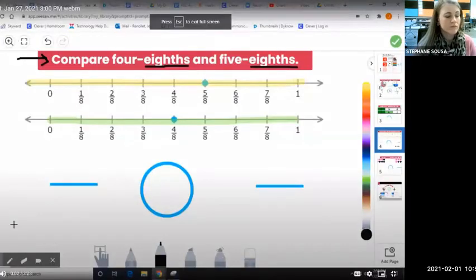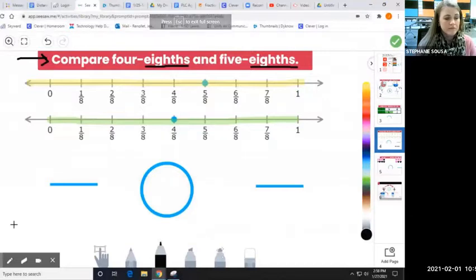Another way that we can compare fractions with the same denominator is by using the number line model to represent our work. The top model is highlighted in yellow. The yellow number line is representing 5/8. I notice that it is partitioned into 8 equal parts.